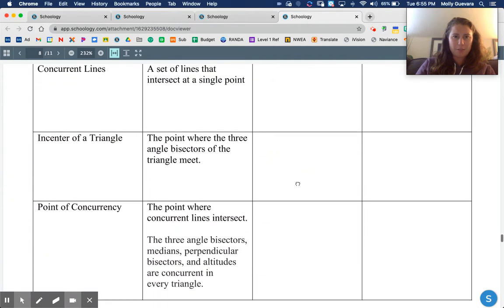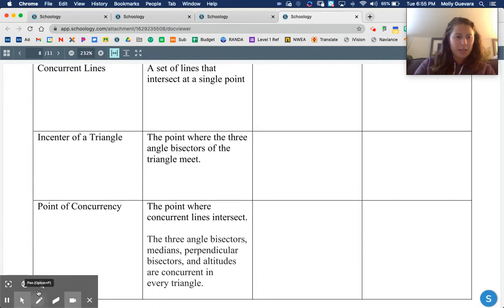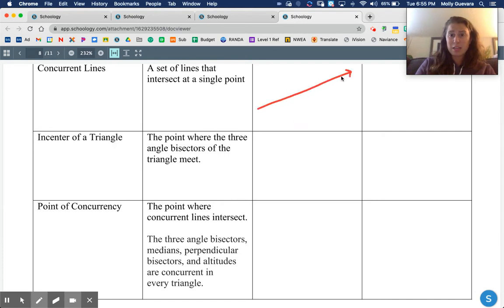Our last three vocabulary is concurrent lines. So this is just a set of lines that intersect at a single point. So anytime I have a line, and then another random line, right? And then another random line, right? And it can be two or more lines.